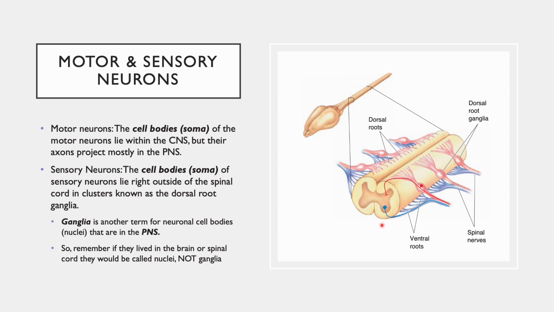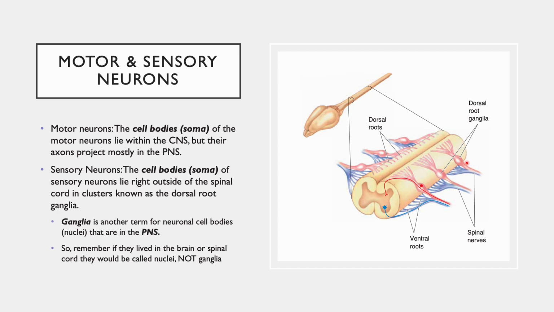We know this based on the example I gave at the very beginning of this course with the simple reflex. Sensory neurons, however, have cell bodies that actually live right outside of the spinal cord. So as you can see right here in red, this is the dorsal root ganglia. Now the reason they're called ganglia is because their cell body actually lives outside of the spinal cord.